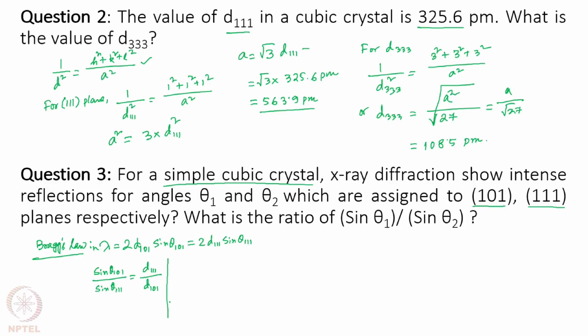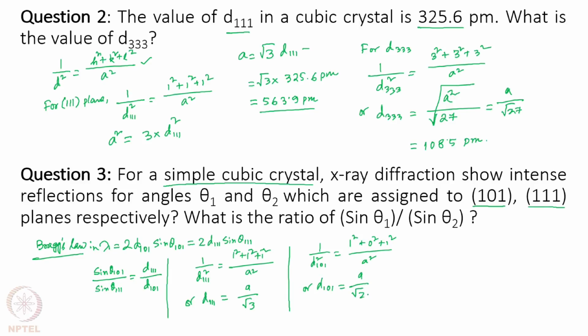So how do we do that? We write again 1 by D111 square is equal to 1 square plus 1 square plus 1 square divided by a square, or D111 is nothing but a by root 3, and similarly 1 by D101 square is equal to 1 square plus 0 square plus 1 square by a square, or D101 is nothing but a by root 2.